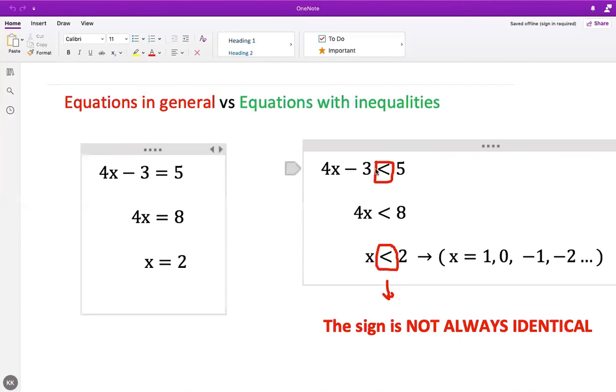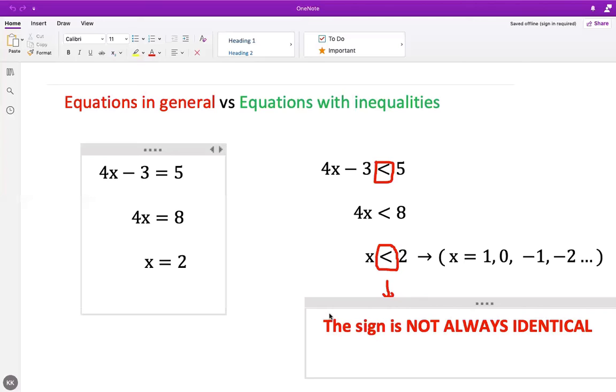So what about equations with inequalities? We use the same procedure as the previous method. First we move the negative 3 to the other side, so we have 4x on the left side and 8 on the right side. If I divide by 4 on both sides, I get x on the left side and 2 on the right side. In this example, I can copy the symbol over. So the final answer is x less than 2.